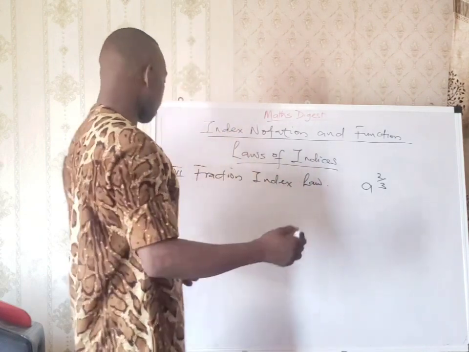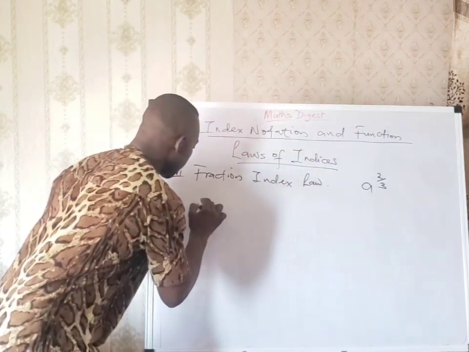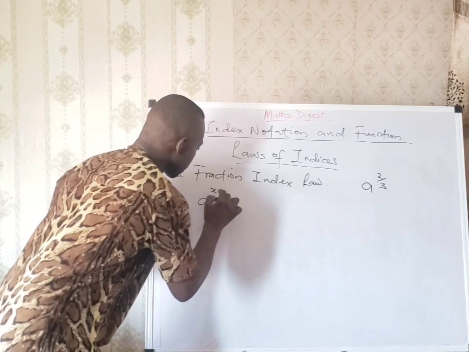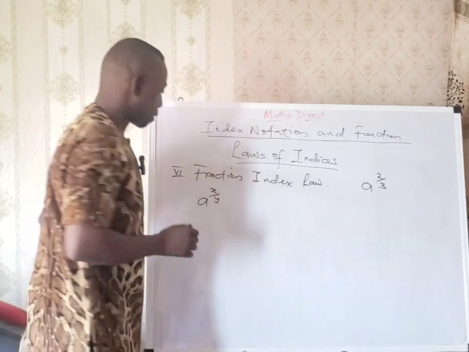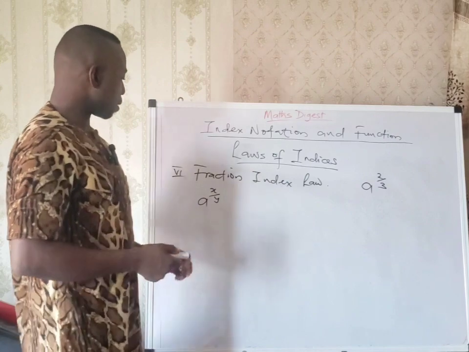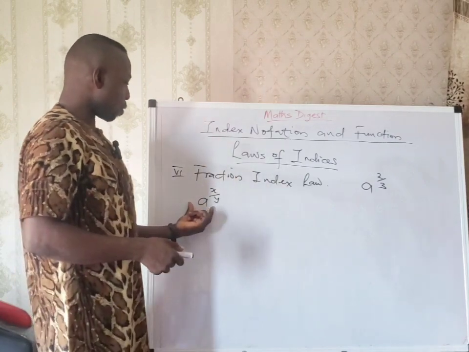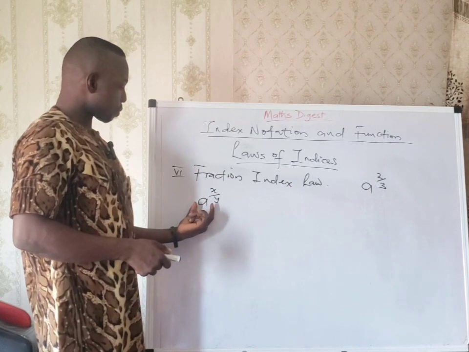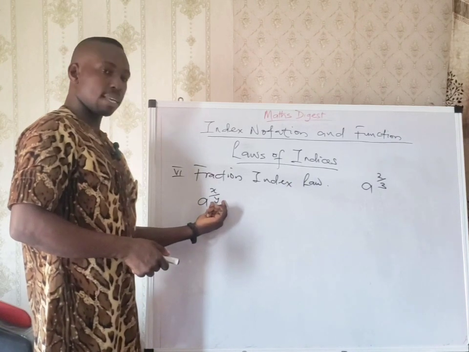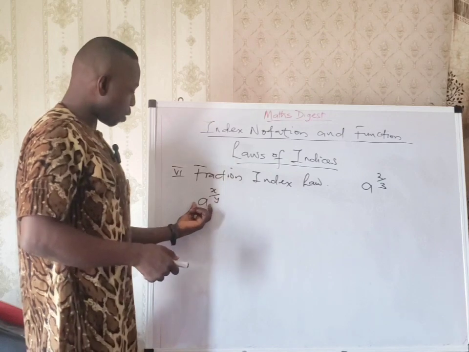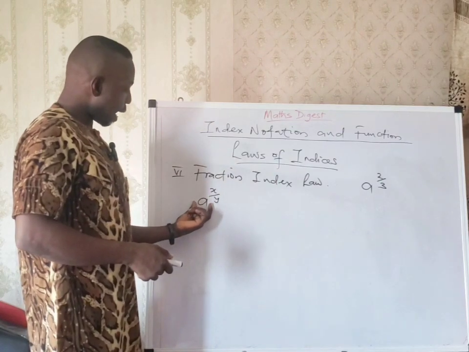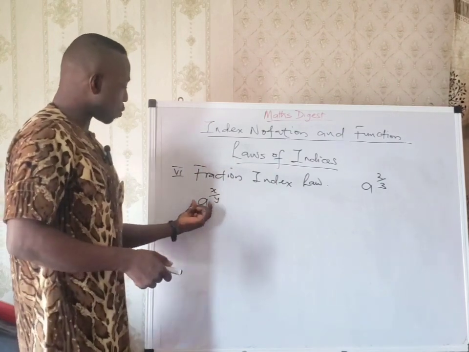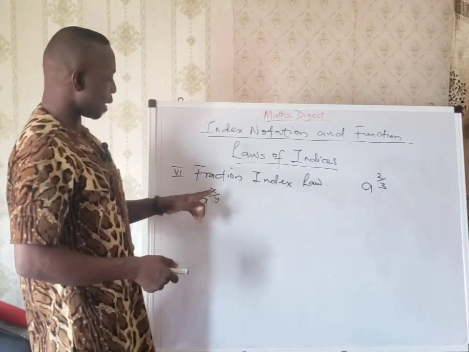So in simple terms, we can say that for a raised to power x over y, you first of all take the y root of this a, and after you have gotten the y root of this a, you raise it to power x.